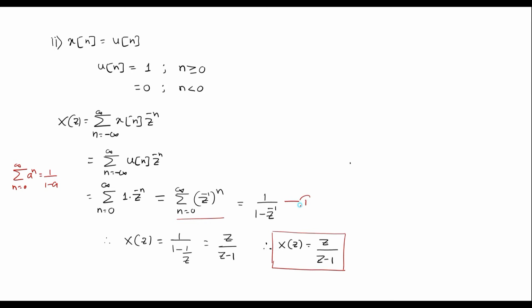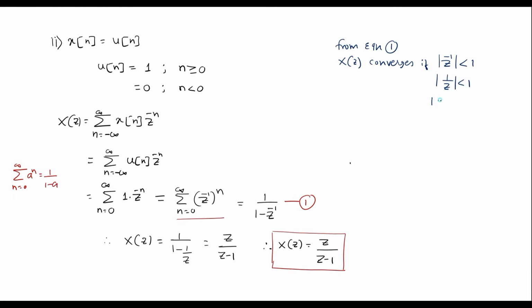We'll call it equation number 1. So now we'll try to write the ROC. From equation 1, x of z converges if z inverse magnitude is less than 1, or we can write it as 1 upon z is less than 1.